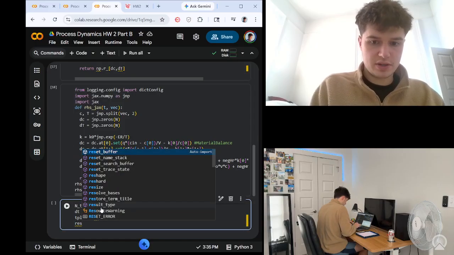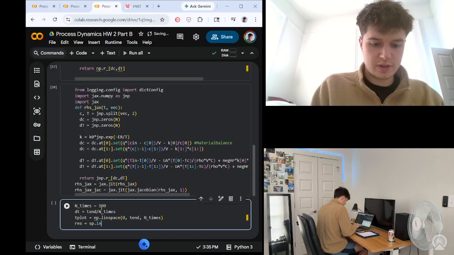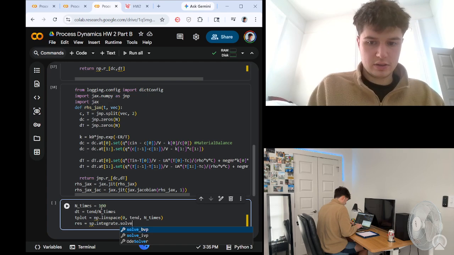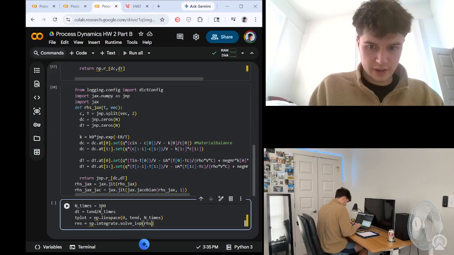And then we also need to still use our integrate, which is sp.integrate.solve underscore IVP. Right hand side underscore JAX, 0, not 9.